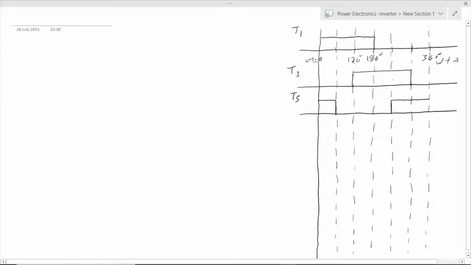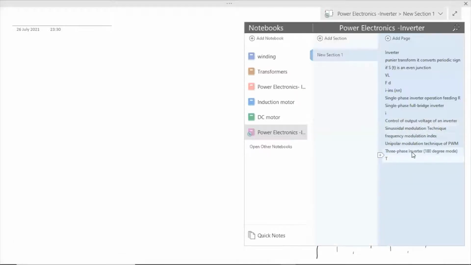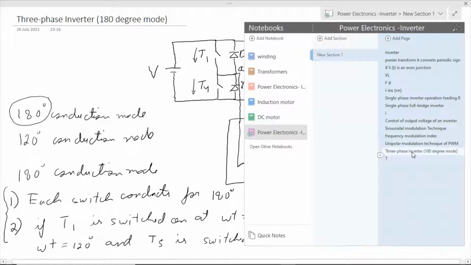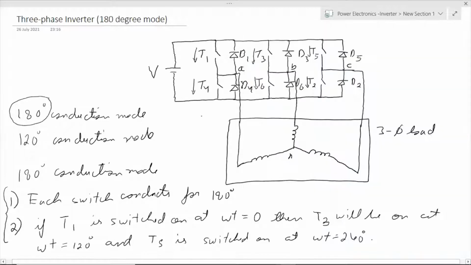Now it has to be noted that the switches which are in the same leg. So we have drawn the switches' firing signal for T1. We have decided that it will be switched on at omega t is equal to 0.